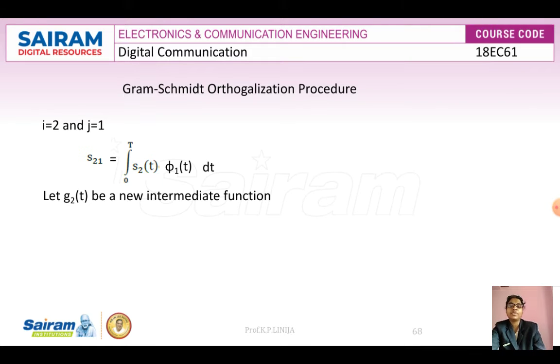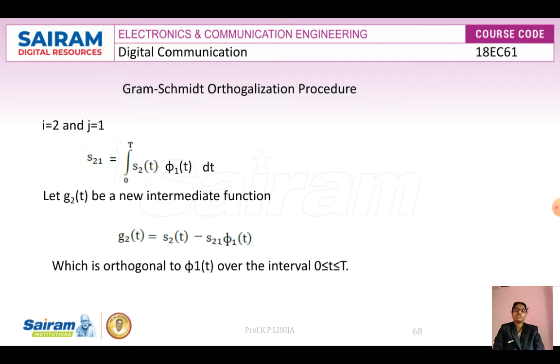Now we are going to define a new intermediate function that will be represented by g2 of t. Therefore, g2 of t can be defined as S2 of t minus S21 into phi 1 of t.